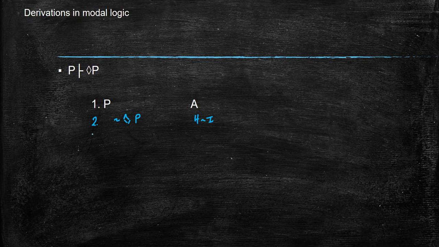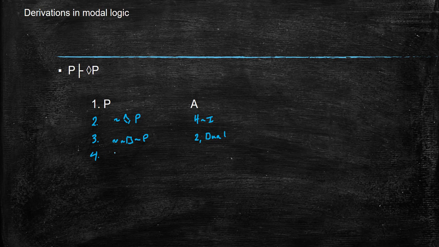Well, we have the dual rule that tells us that possible P is identical to necessarily not P, and then we have another not right here. So that's 2 and dual.